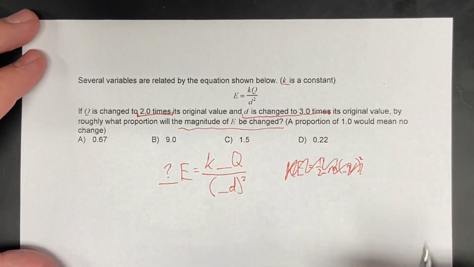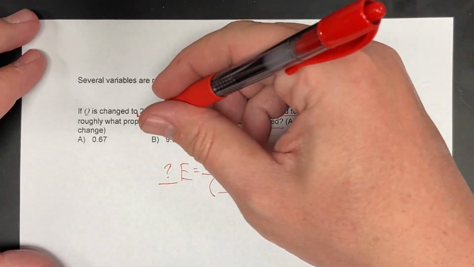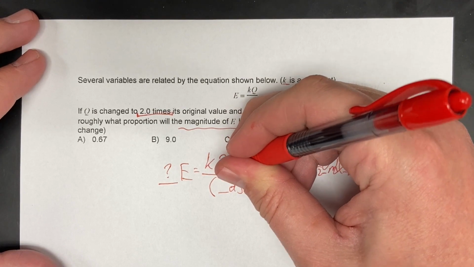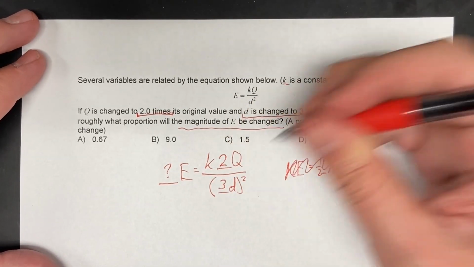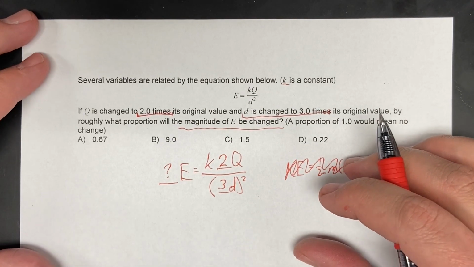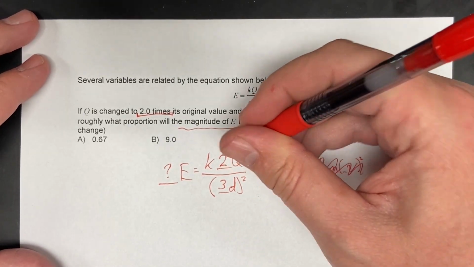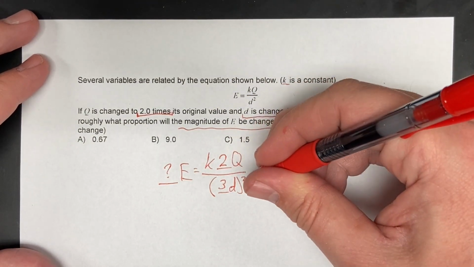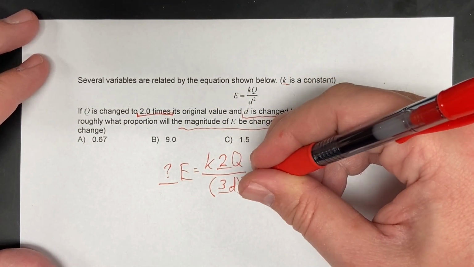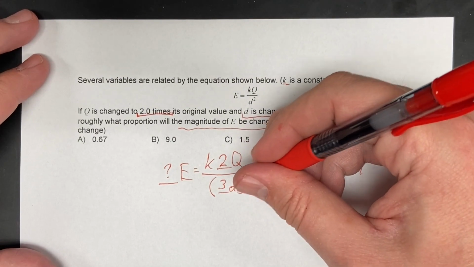Okay, so in this question here then, it said Q is multiplied by 2, and D is multiplied by 3 times its original. And we need to follow the guidance of the equation here. That includes anything that isn't just a straight up linear function.